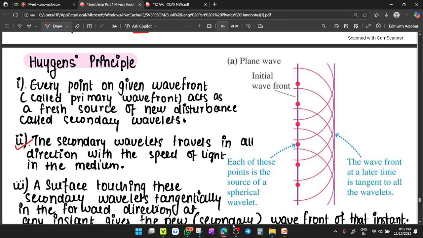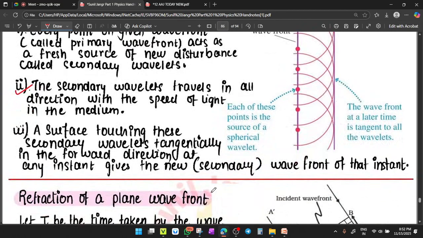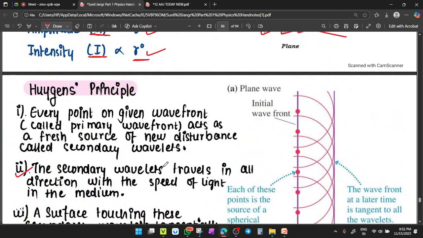The secondary wavelet travels in all directions with the speed of light in the medium. What I said just before. A surface touching these secondary wavelets tangentially in the forward direction at any instant gives the new secondary wavefront of that instant. Clear or not clear?